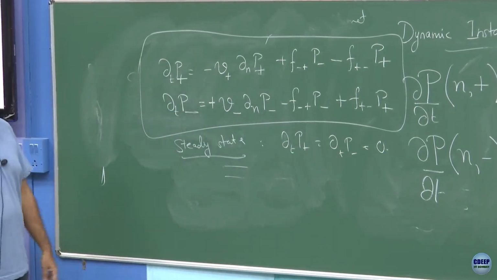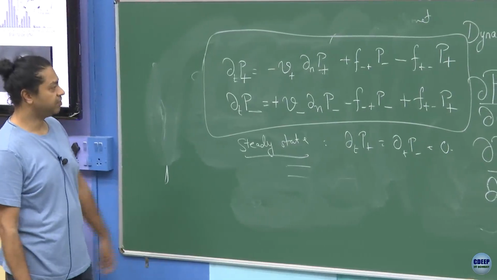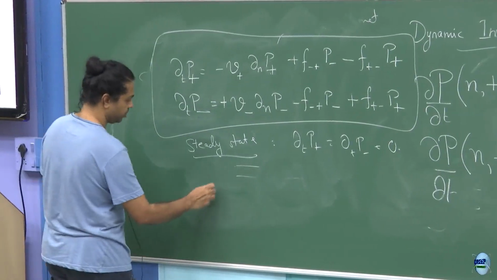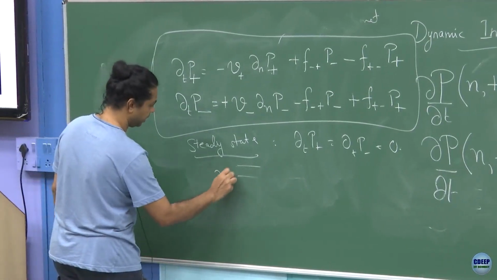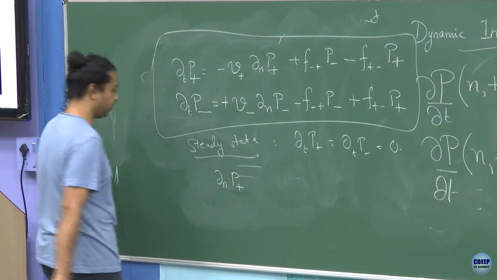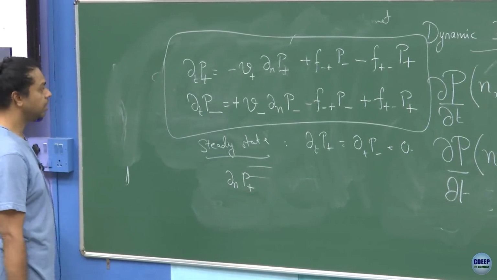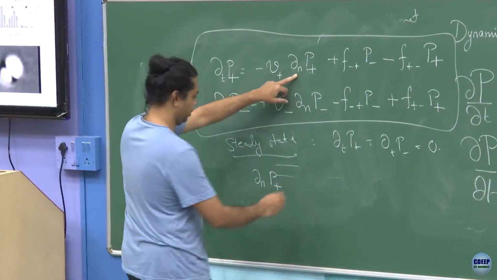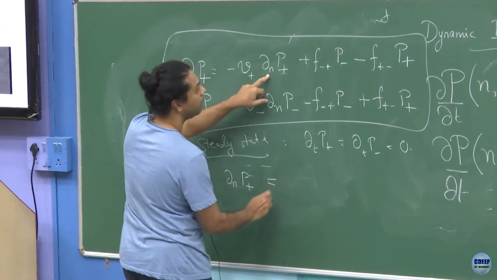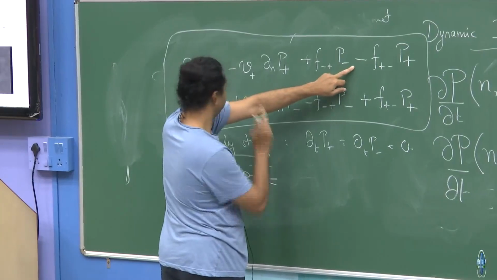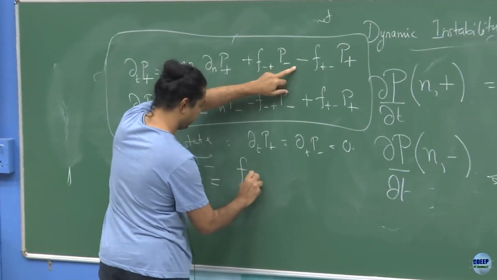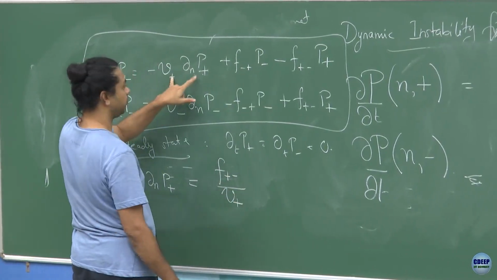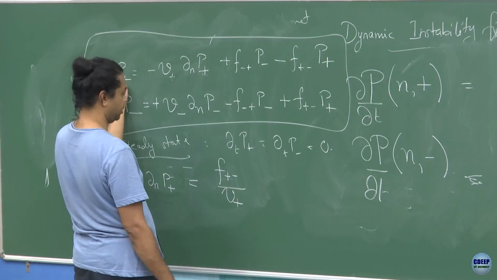Okay. Which means that if I am solving for these probabilities, what I am solving is this equation: del n p plus is minus f plus minus by v plus, sorry, this I have brought to that side, that is a minus.